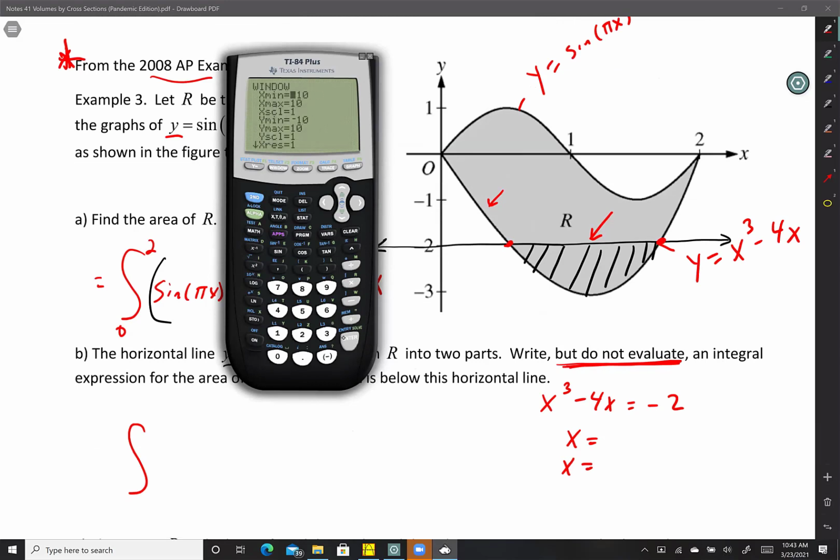X min, I'm going to go to -0.25. You don't have to. You can make it -1 or something. X max, 2.25. X scale by 1, that's fine. Y min, -3.25. You can go lower if you want. Y max, 1.25. I guess I didn't have to, but that's fine. And I'm going to push graph.